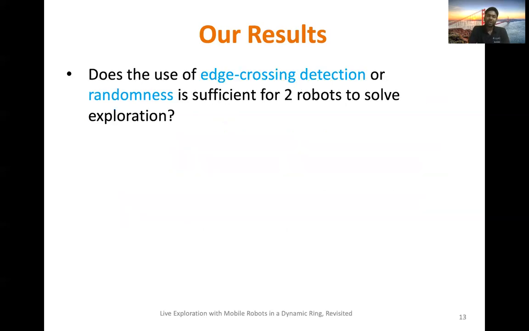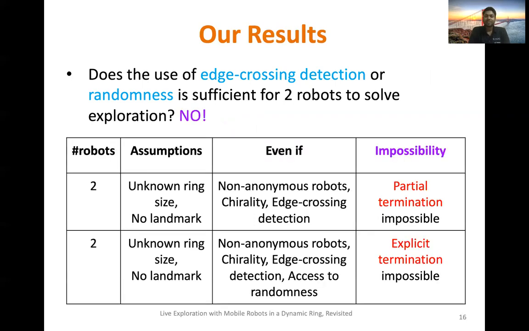One may wonder whether edge crossing detection or randomness is sufficient for two robots to solve the exploration. It is actually not. We show this impossibility result too. With two robots, if the ring size is unknown and there is no landmark, then partial termination is impossible, even if robots have the edge crossing detection assumption, chirality, and IDs, like non-anonymous robots.